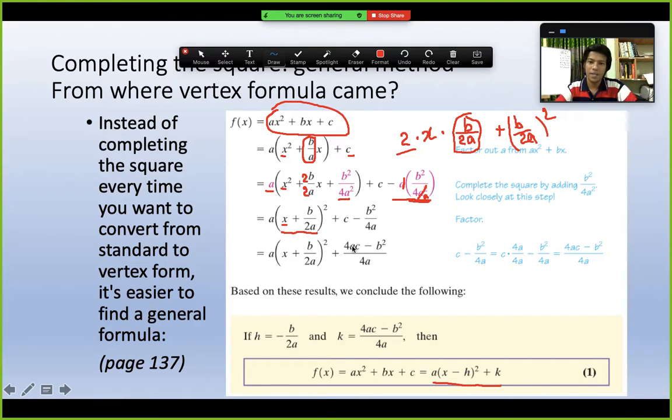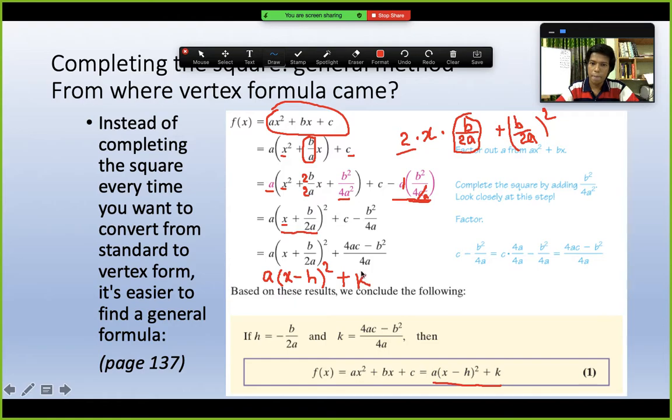We have this thing. Now see what actually we have done technically here. What we have done here is, if you look at this, just keeping an eye on our vertex form. Vertex form is a into x minus h, so this is x minus h whole square plus k.